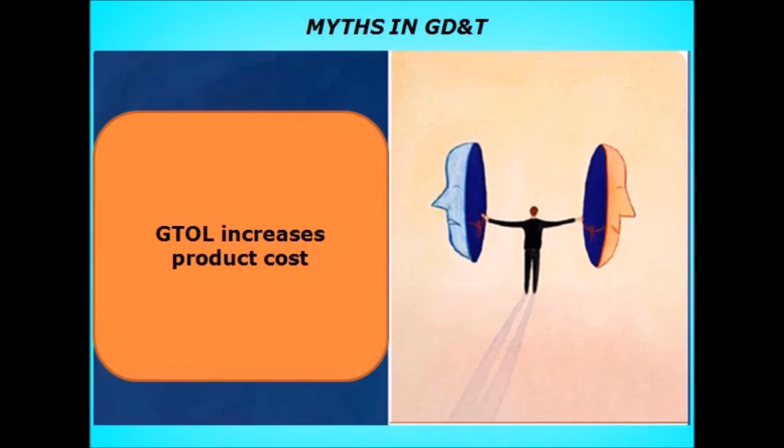The next myth is that GTOL increases product cost. It does not, in mass production, because GTOL slightly increases manufacturing and inspection cost, but it controls rejection. So it reduces the production cost in case of mass production.